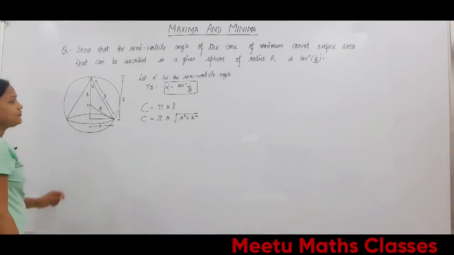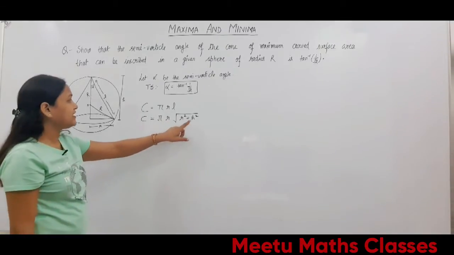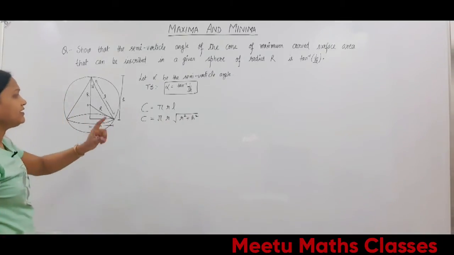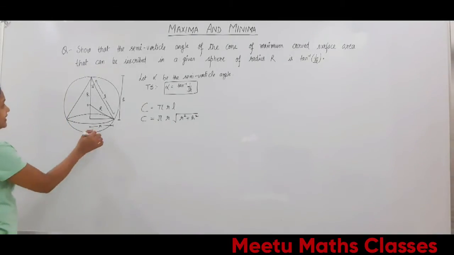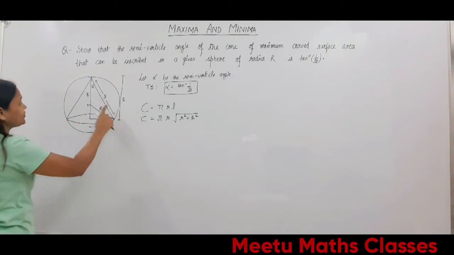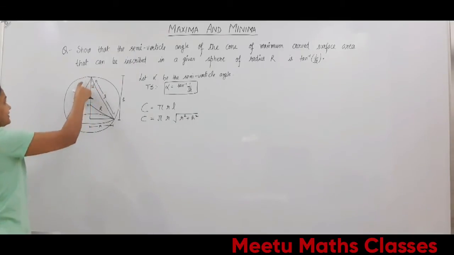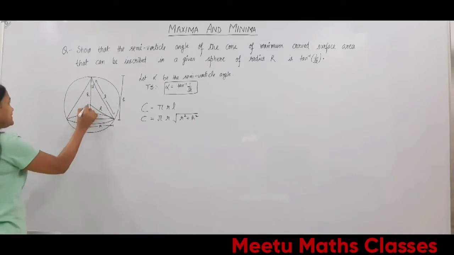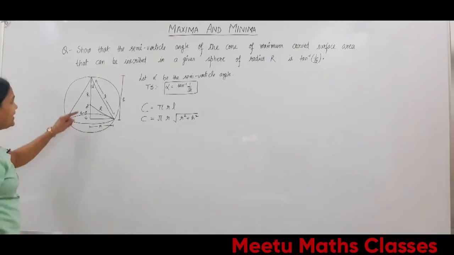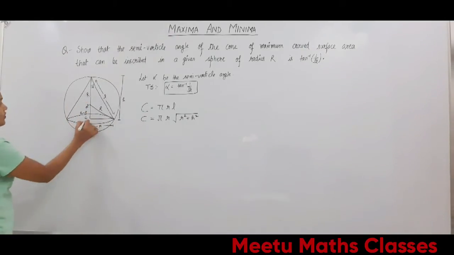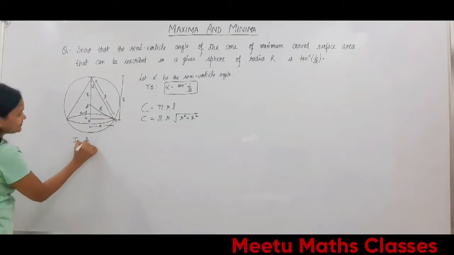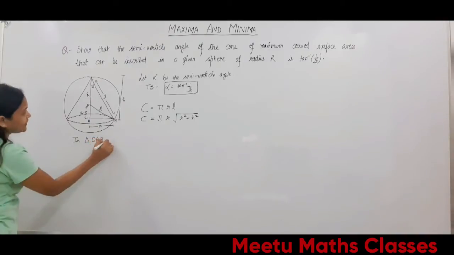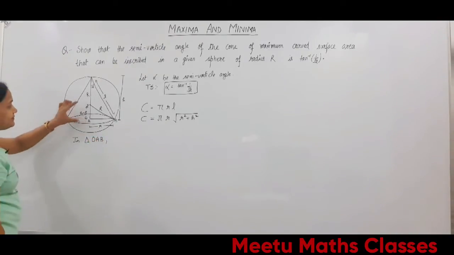Now do you have any relation between r and h so that you can replace one variable in terms of the other? This is the height of the cone, and this is r and this is h, so we can write this as h minus R, and in this small triangle OAB we can apply Pythagoras theorem.